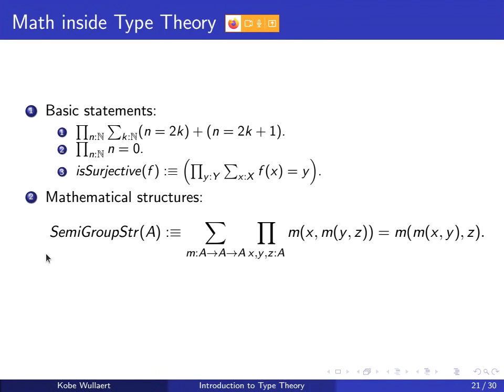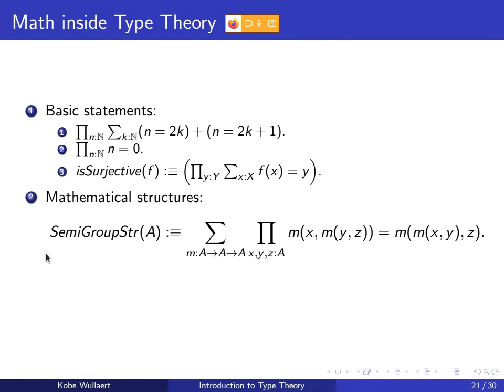In type theory, this is how you would define such a thing. You can just take a semigroup structure, so just the operation. You have the operation which you pick out. Then for all elements inside of it, you have a proof that associativity holds.